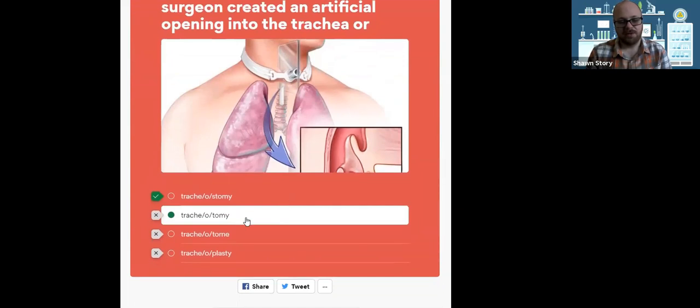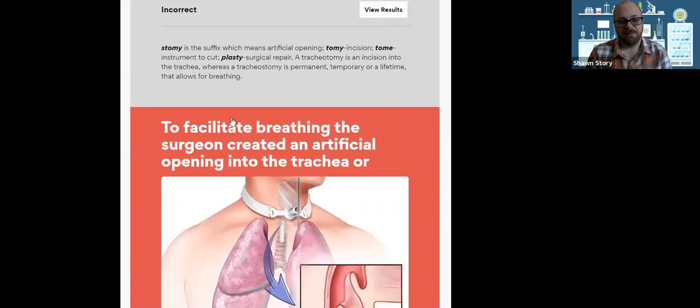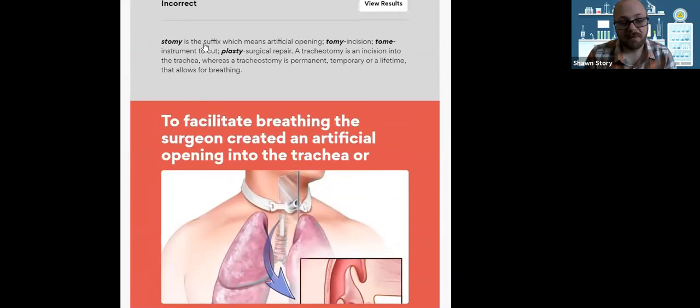I thought it was tracheotomy too. Stomy means opening. So it wasn't just a hole, they were making an opening. I suppose, more like a permanent opening with an actual valve that's there.